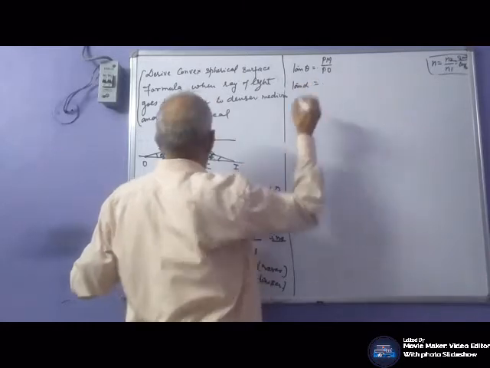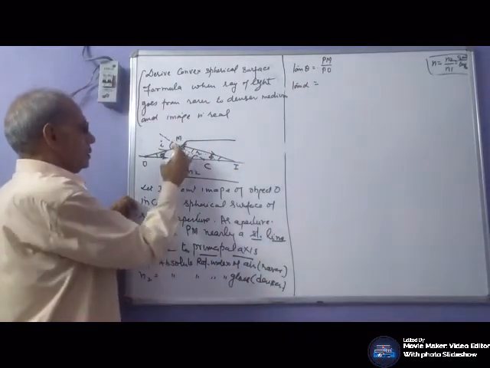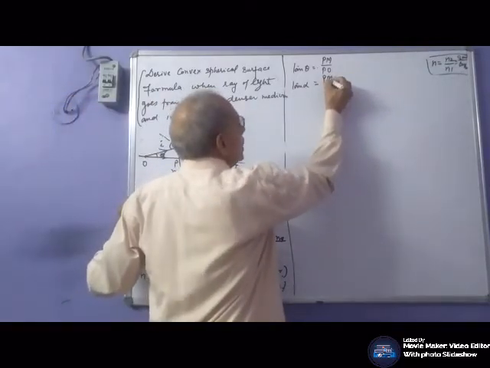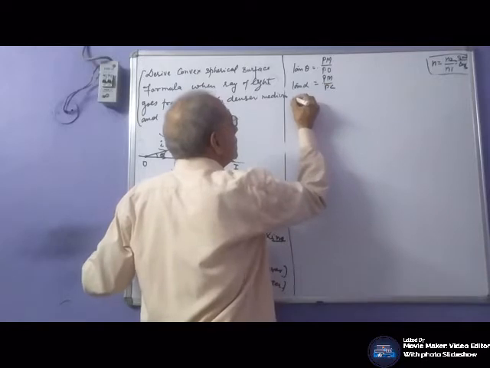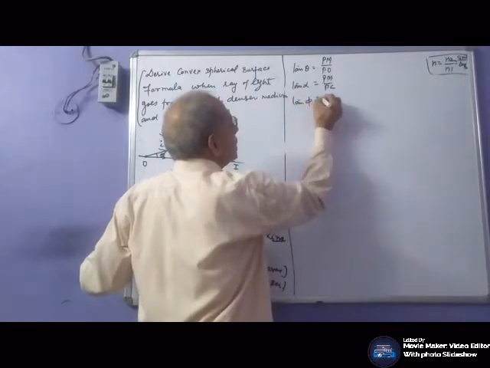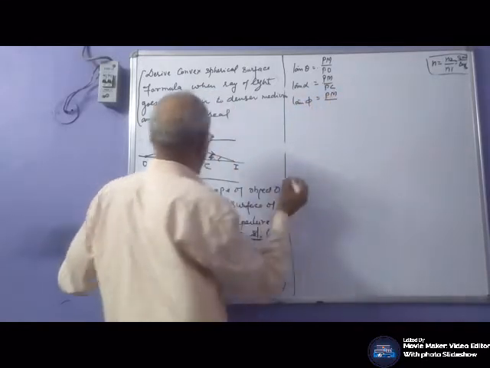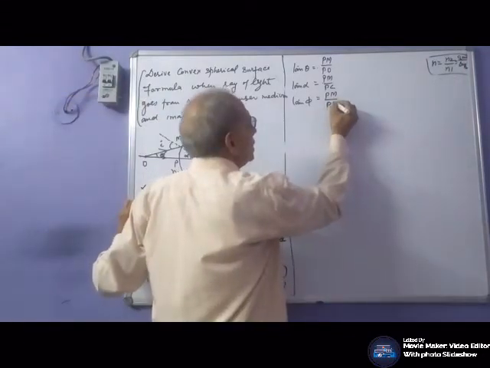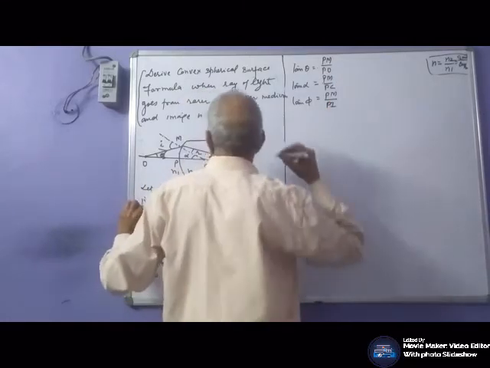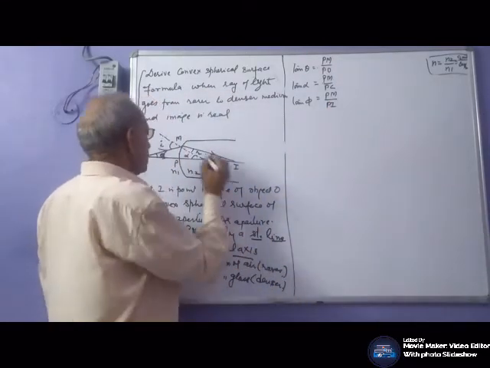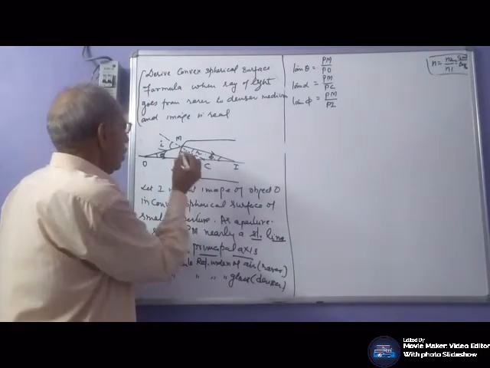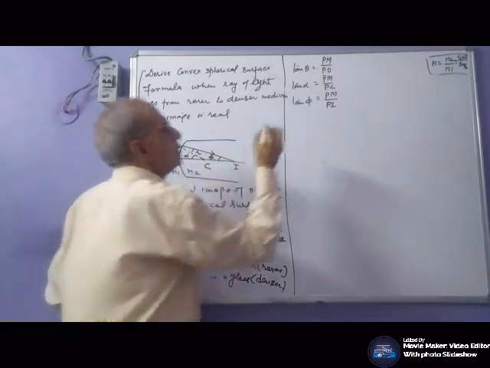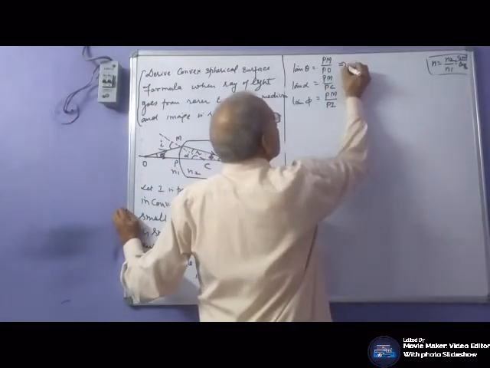Tan alpha equals PM by PC. Tan phi equals PM by PI. Aperture small, so M point is here. So these angles will be small.